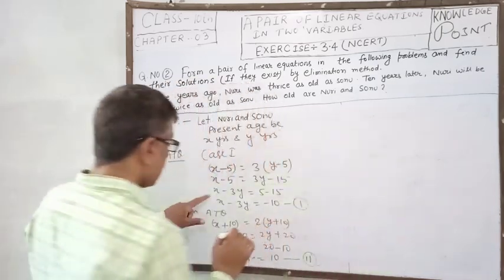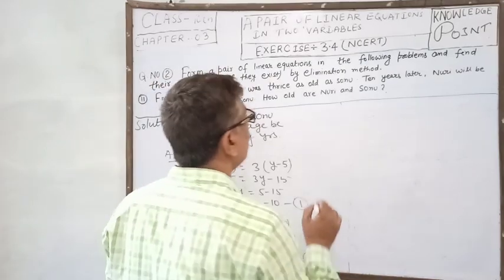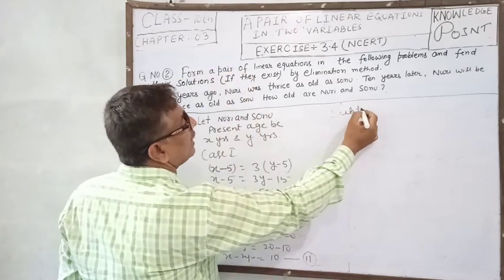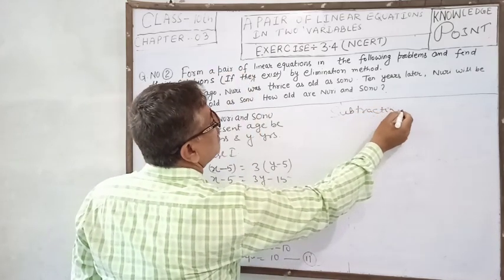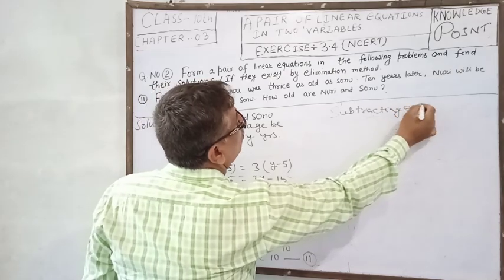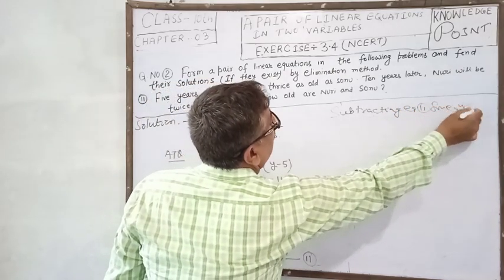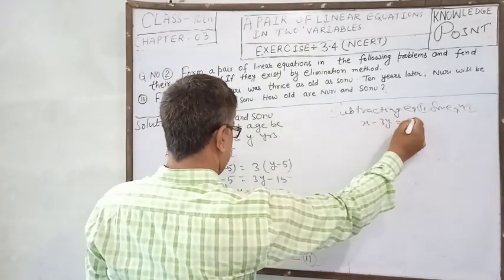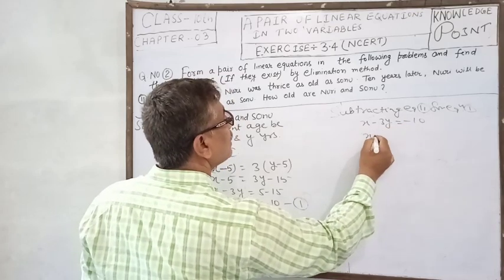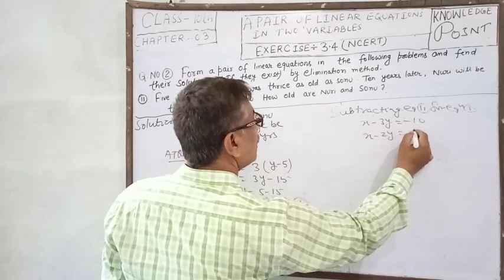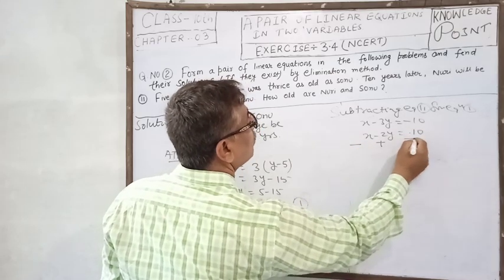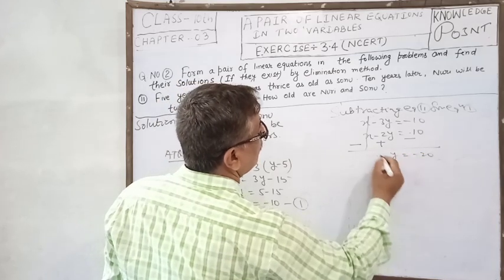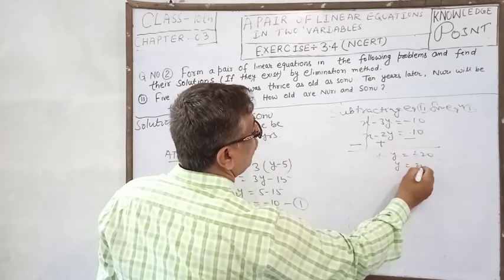Now here see, X has the same sign and same coefficient, so we subtract equation 2 from equation first. X minus 3Y equal to minus 10 and X minus 2Y equal to 10, minus plus minus, X cancels, minus Y equal to minus 20, so Y equal to 20.